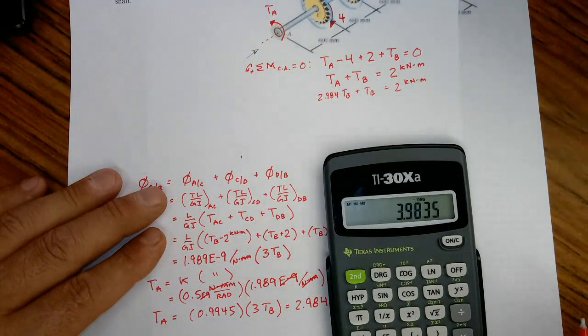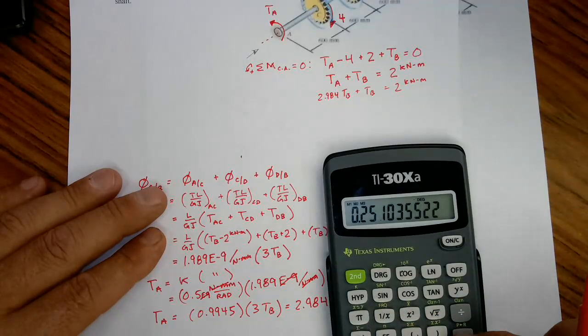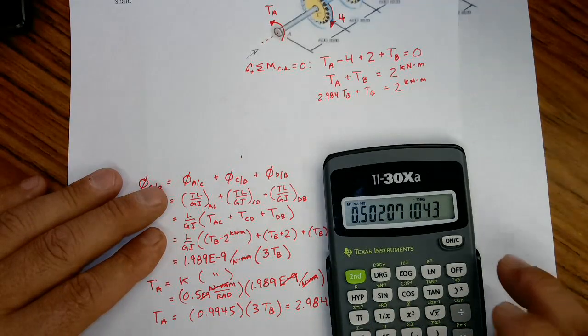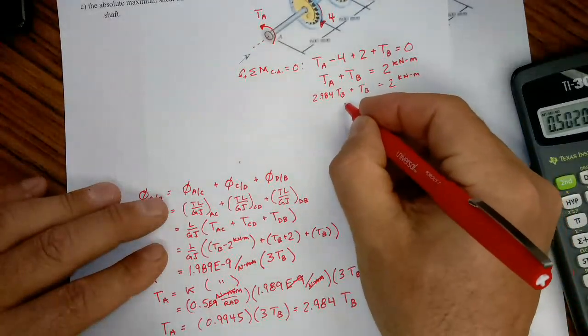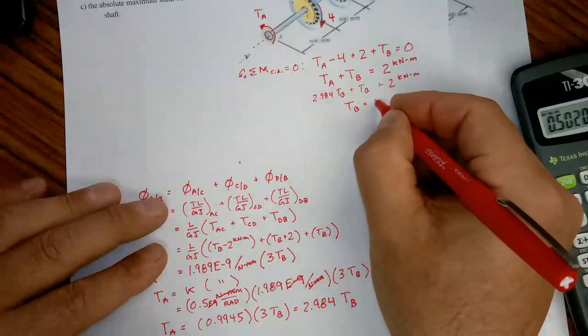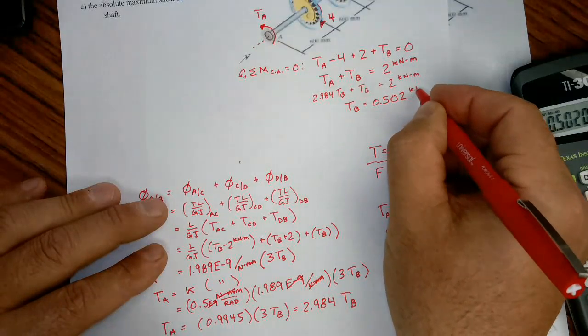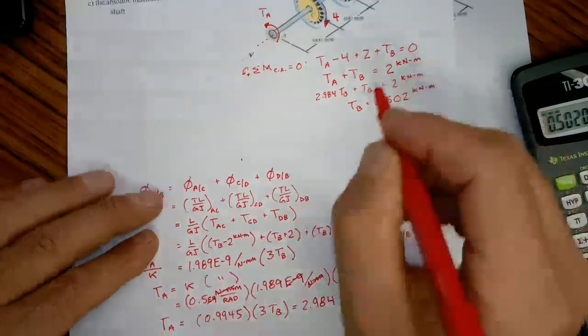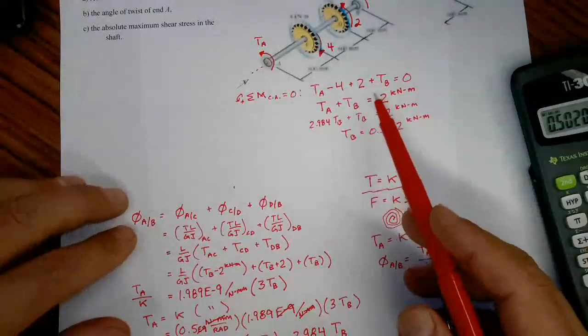Add 1 to this, 3.984 TB equals 2 kilonewtons. And so TB is equal to, take the inverse of that and multiply it times 2, 0.502. TB equals 0.502 kilonewton meters. And now I can substitute that back into this equation or this one.